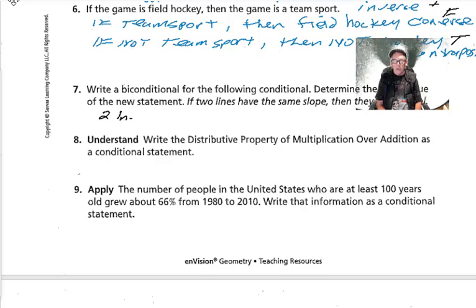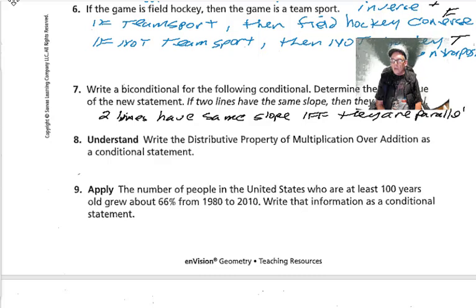Two lines have the same slope, if and only if, IFF is the abbreviation for if and only if, they are parallel. So two lines have the same slope if and only if they are parallel. That's the biconditional for that one. That's going to be true.